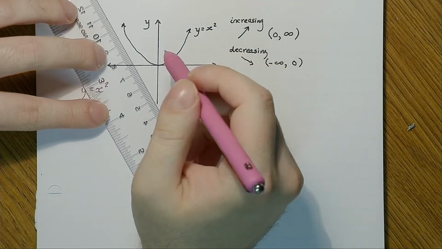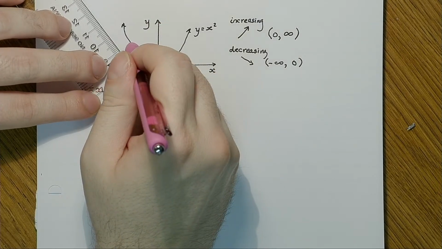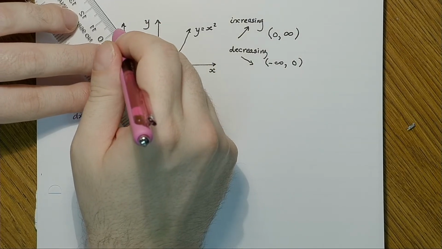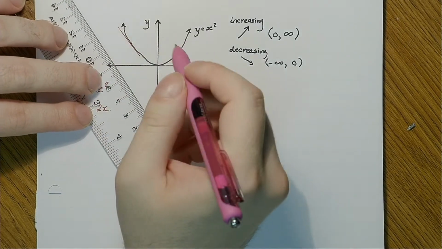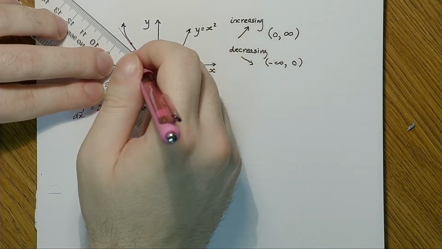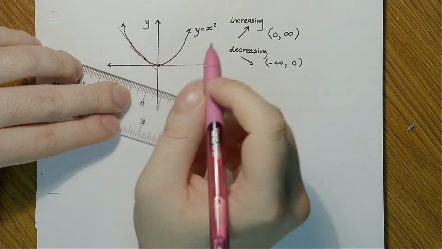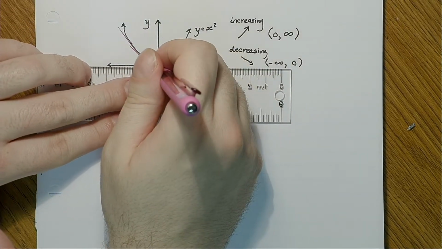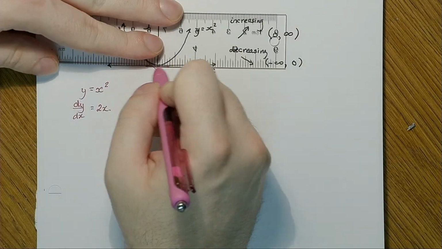So I could, at this point here, draw a tangent. I'm trying to draw it so that it just touches. I have another one here, right there. I can draw one right here. Not very dark, but there we go.